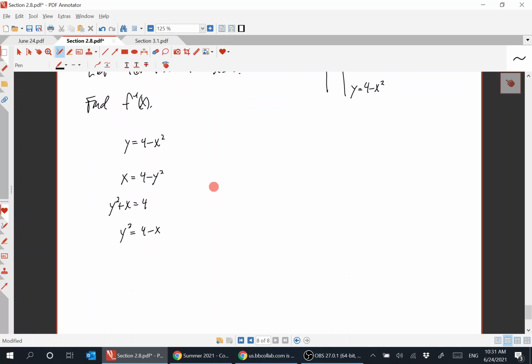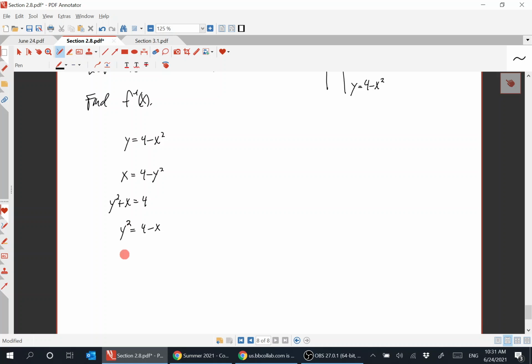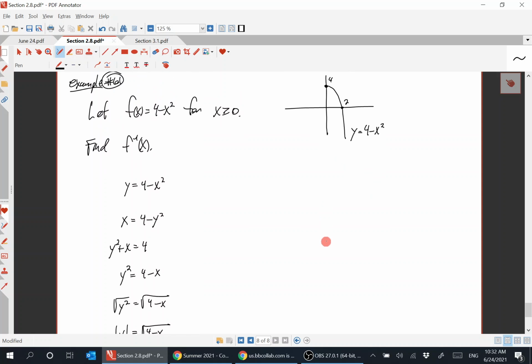And now I'm going to take the square root. So the square root of y squared is the absolute value of y, which is equal to 4 minus x.